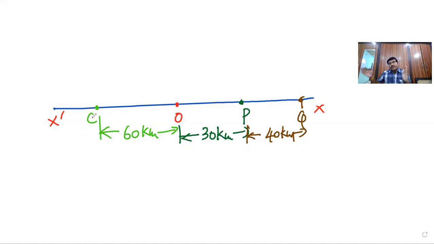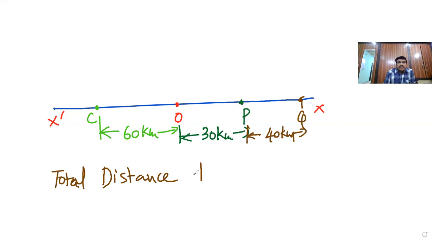Again it is coming up to the point C. C is towards the negative x-axis, 60 kilometers from O. Now, what is the total distance traveled?